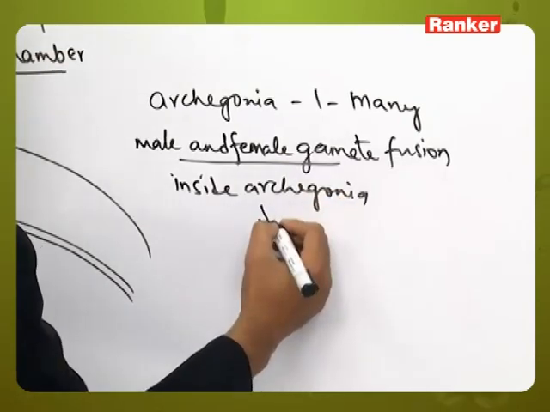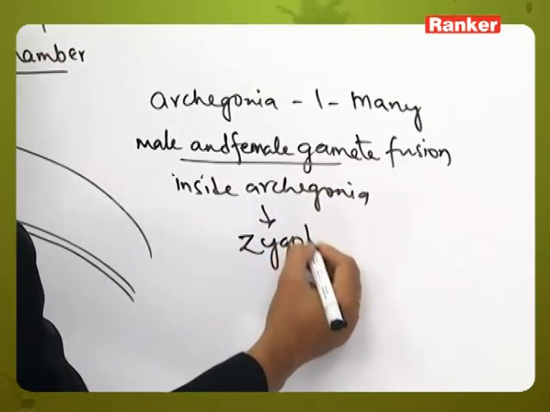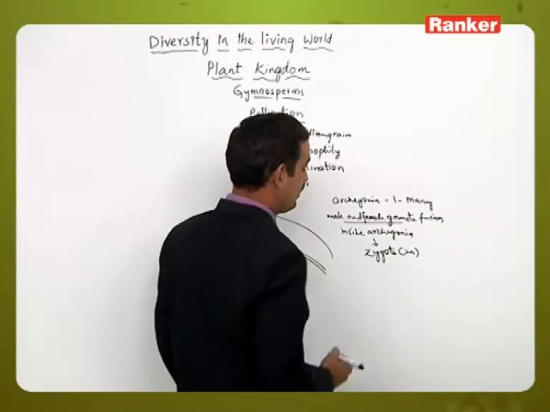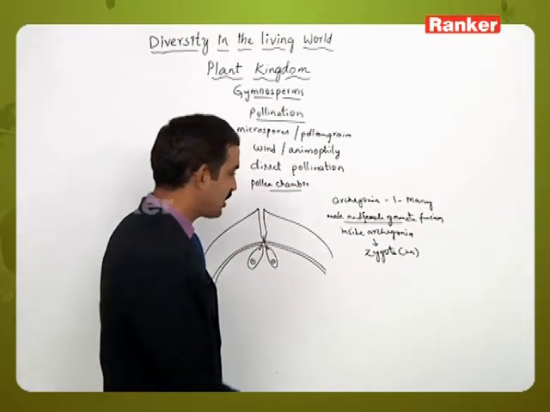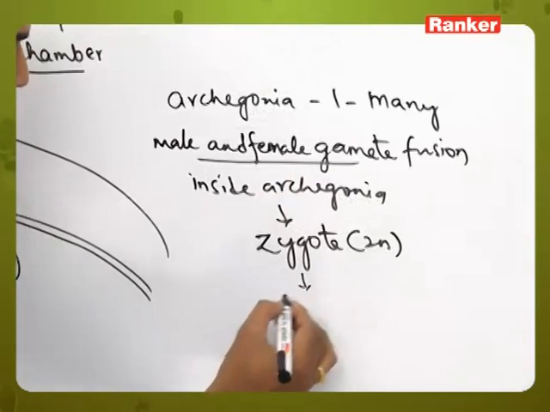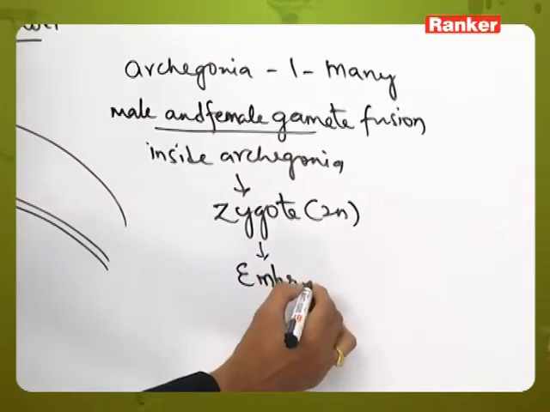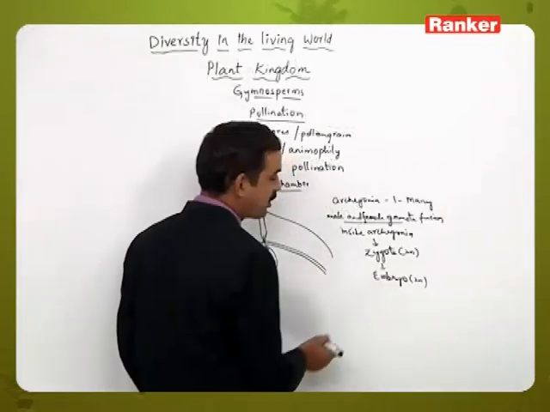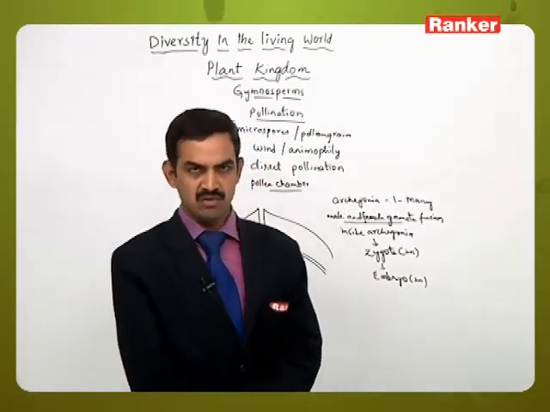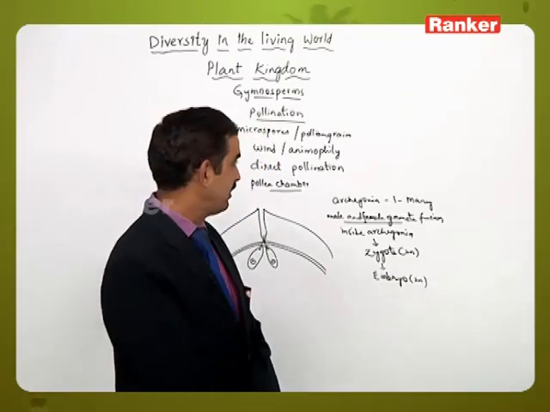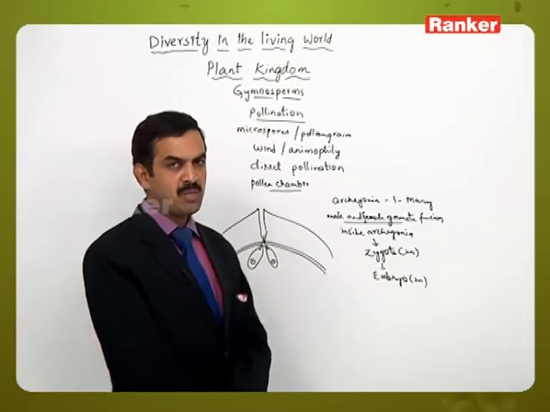And it will result in a structure called a zygote, which is a diploid structure and considered to be the first cell of the sporophytic generation, and this zygote will gradually be converted into an embryo by mitotic division, developing into the sporophytic generation. So likewise the life cycle will be going on, leading to the formation of the sporophyte.